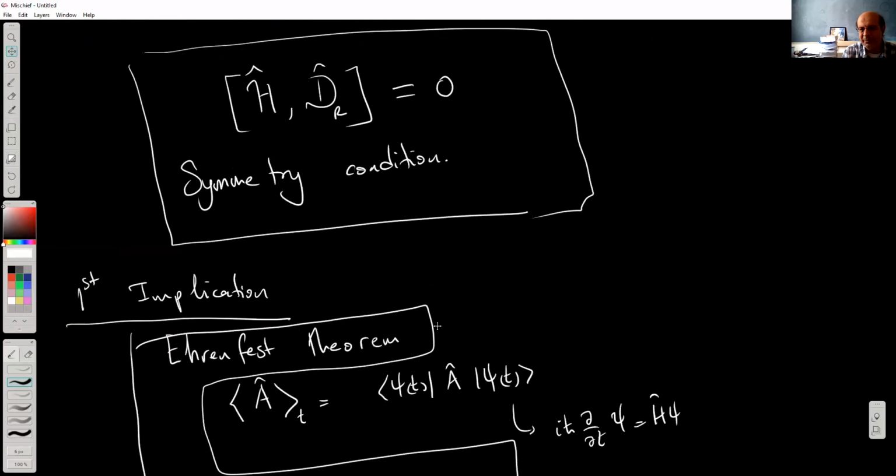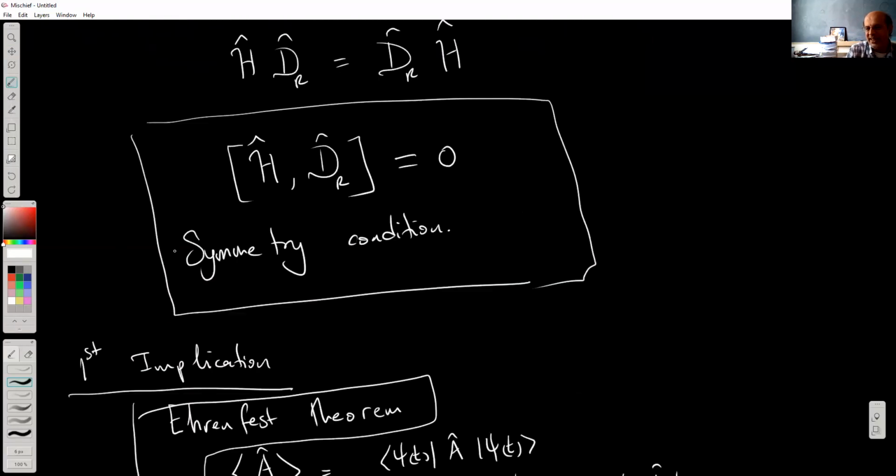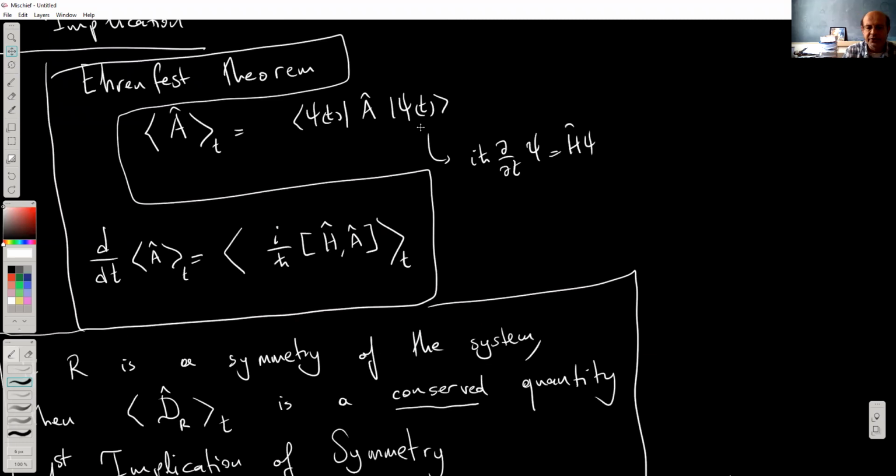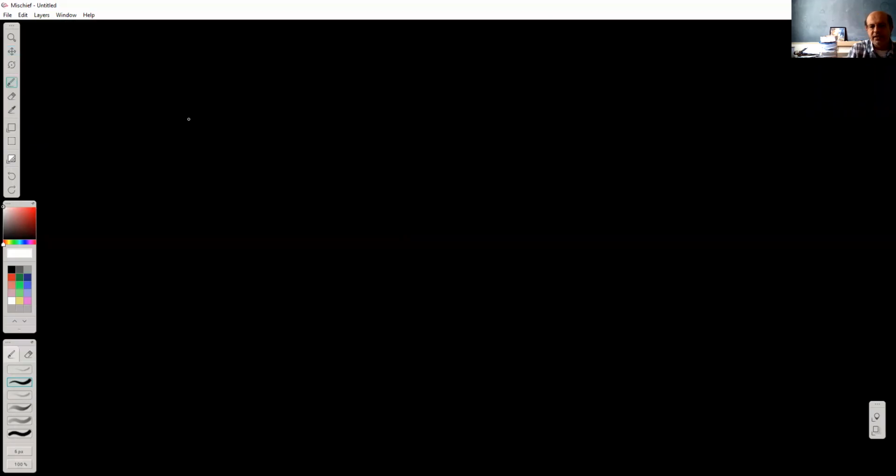But let's remember that in quantum mechanics, I can express the fact that a physical system has a symmetry as the commutation relationship between the Hamiltonian and these representation matrices.